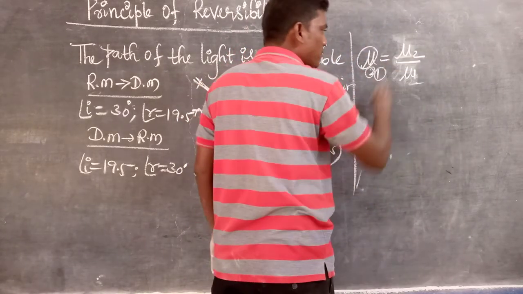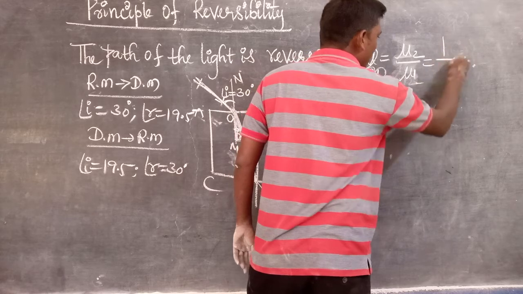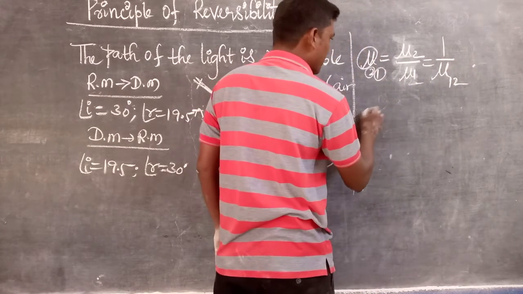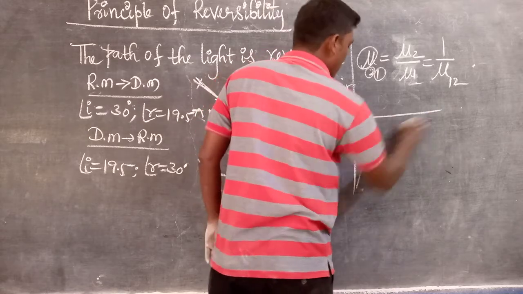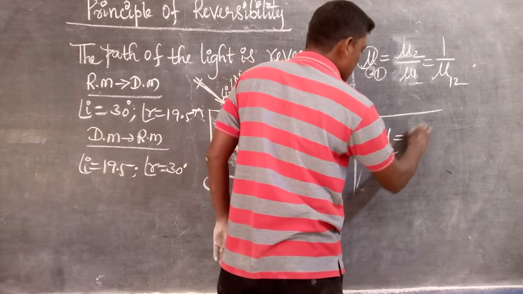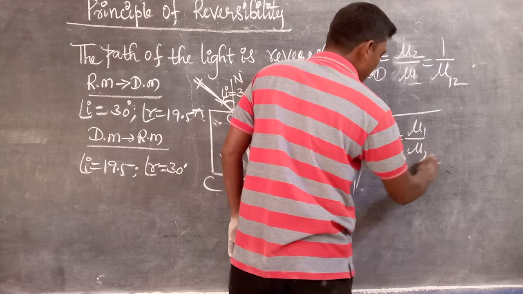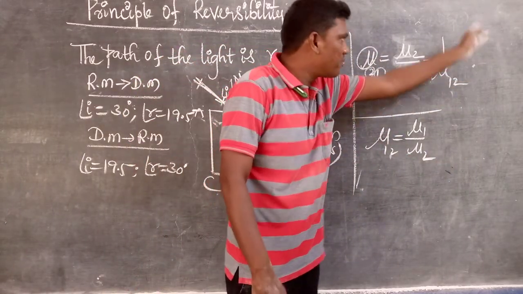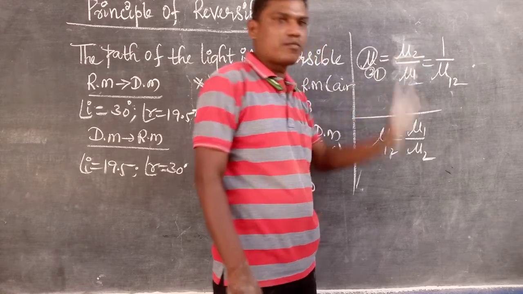So mu 2 upon mu 1 we can write as 1 upon mu of 1,2. Why? Because we already know that mu of 1,2 is equal to mu 1 upon mu 2. That's why mu 1 upon mu 2 brings mu 2 upon mu 1 to the numerator side.